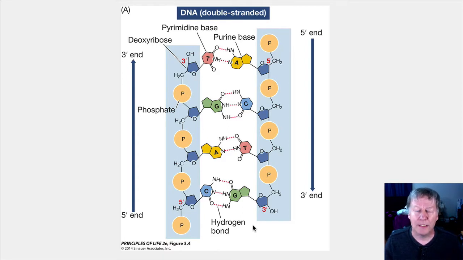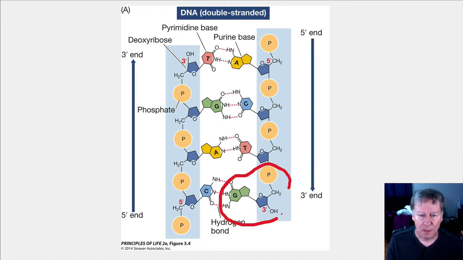A double-stranded DNA molecule. The parts of a DNA molecule are important. So let's review some of the key characteristics here. First off, the monomer, the basic building block of a DNA molecule, is the nucleotide. This is a nucleotide. A nucleotide always includes a nitrogen base, a deoxyribose sugar in DNA, or a ribose sugar in RNA, and a phosphate group.